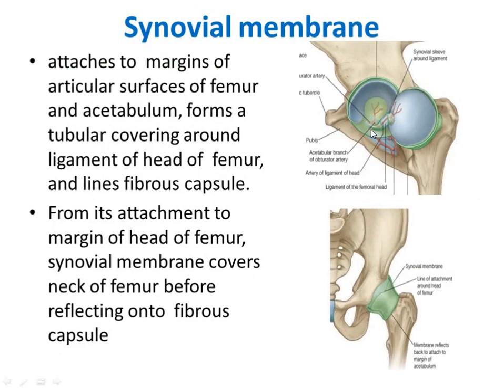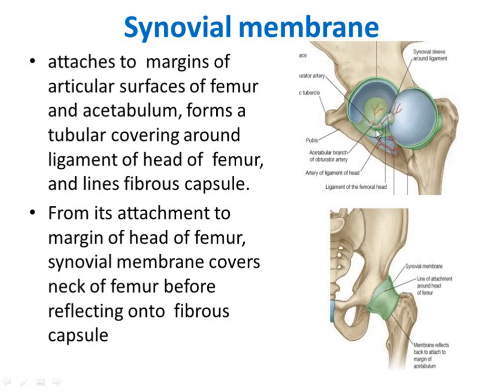So, innermost are the two articular surfaces, that is lunate and the head of the femur. These articular surfaces are covered with the cartilage, the hyaline articular cartilage. Then, external to this lies this synovial membrane, which is all around this inside.